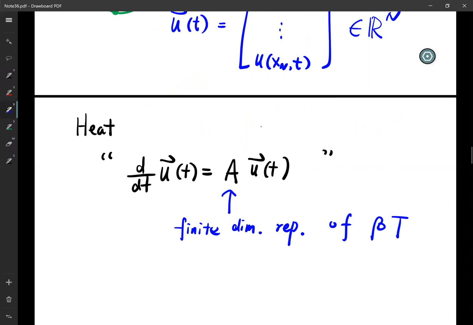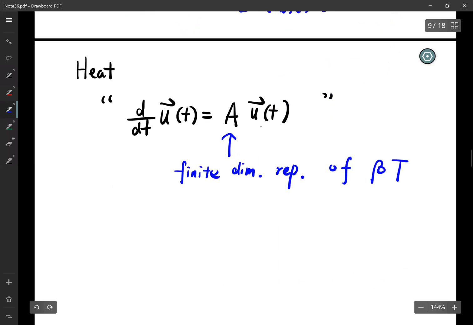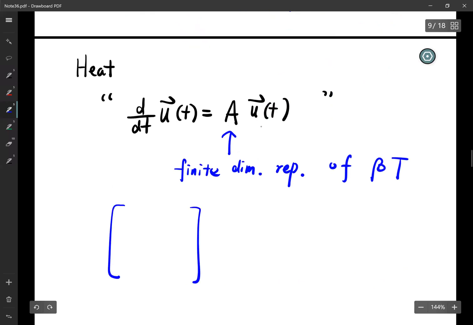Why does A apply to t but not to x like before? No, A actually, this is a matrix vector multiplication. By doing a matrix vector multiplication, A times u here, you see this t is fixed. So it exactly means that it only applies to x. Right? So we have this matrix A applying to u(x_1, t), and so on, u(x_n, t).